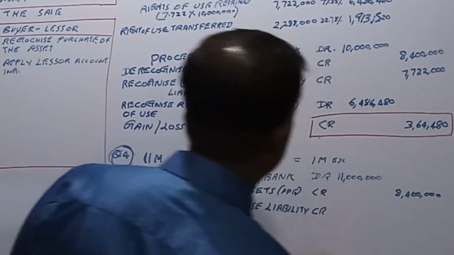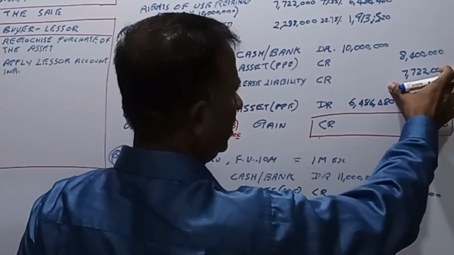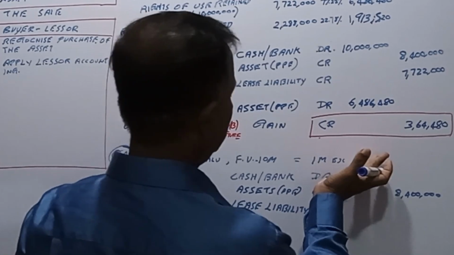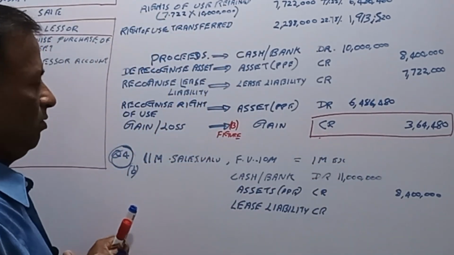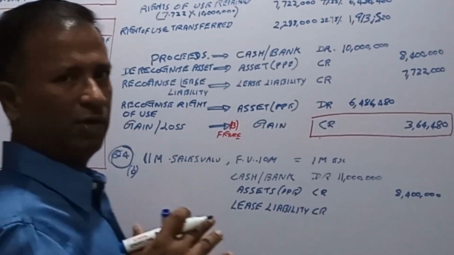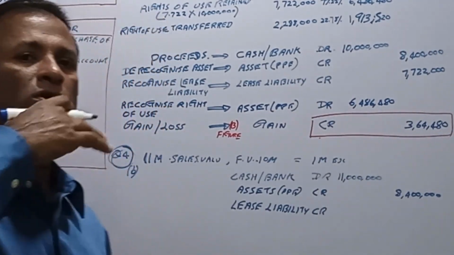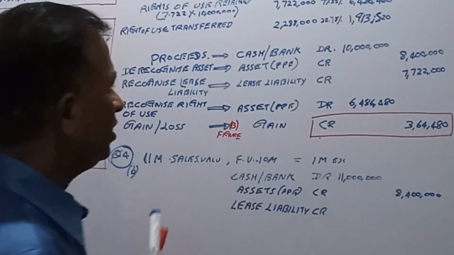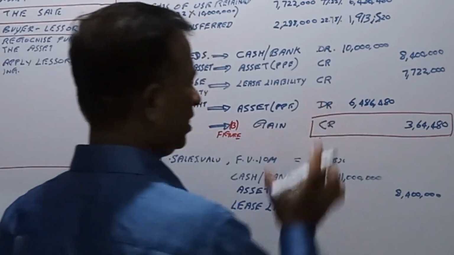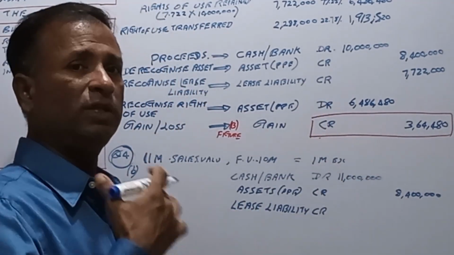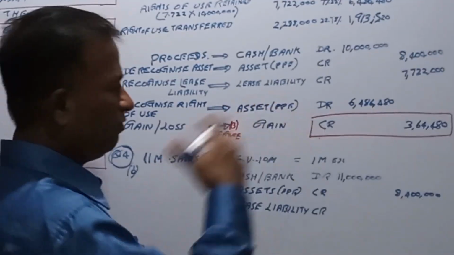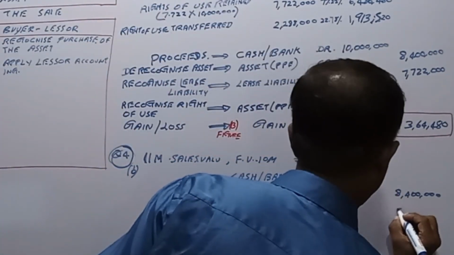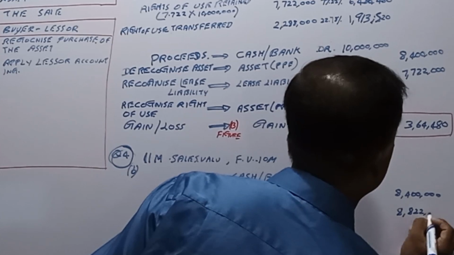Then lease liability is credited. Here we had 7,722,000 at fair value. We had to add 1 million, the difference, because we have sold it for more than the fair value. So that 1 million we have to add to the lease liability. Lease liability will be 8,822,000.